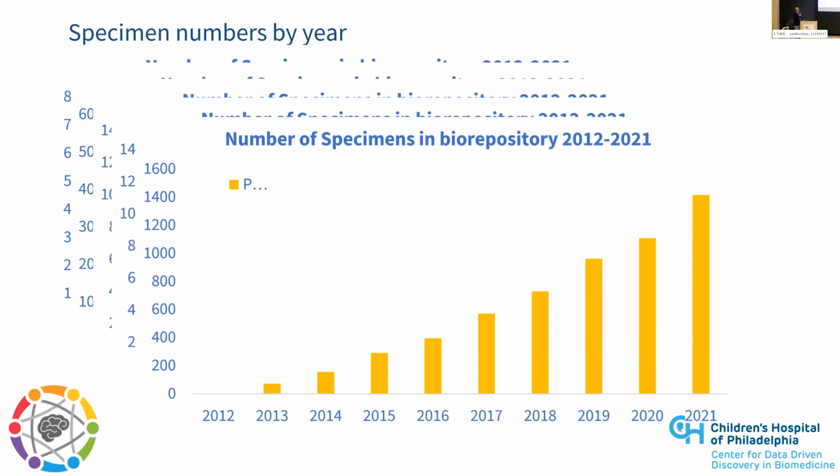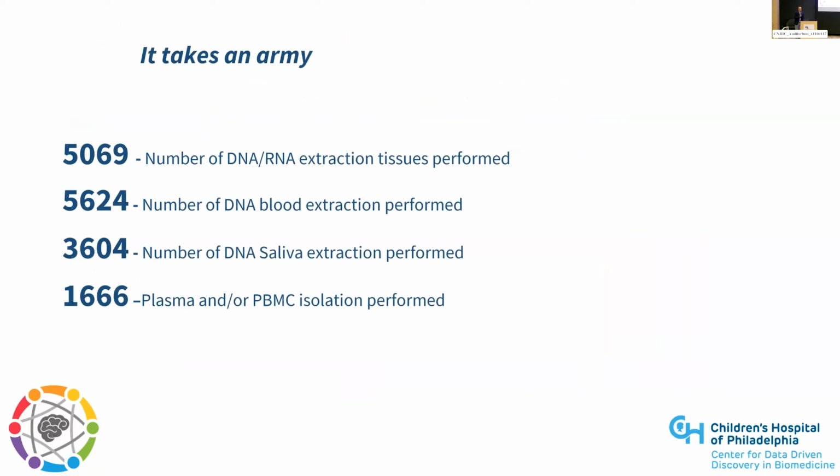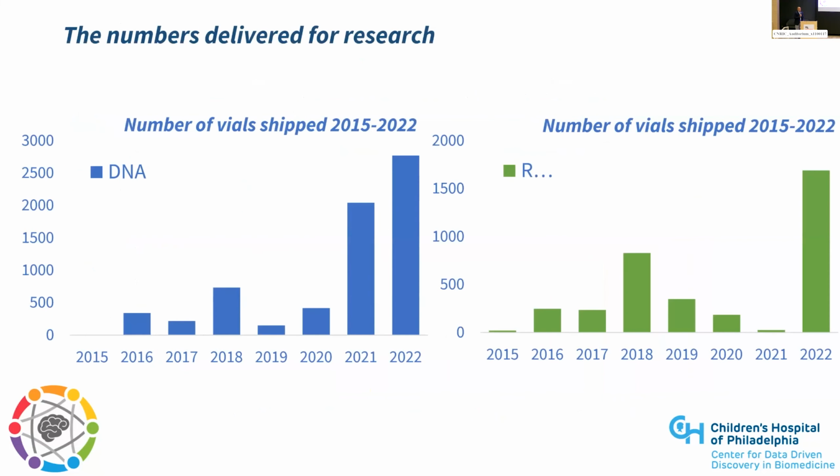And it all comes with an army of work. So briefly, just at the CHOP site, these are the numbers of processes which were made across CBTN for several projects, including the recent EXO one. And they're really impressive because each of these processes takes sometimes a whole day to complete. So the samples are really not here only to be stored.